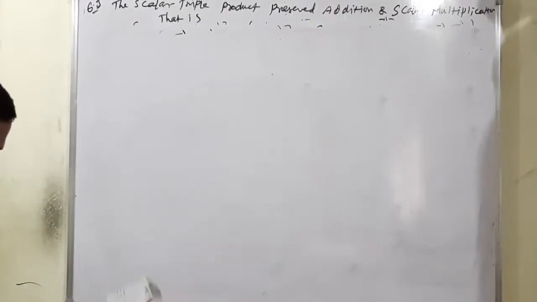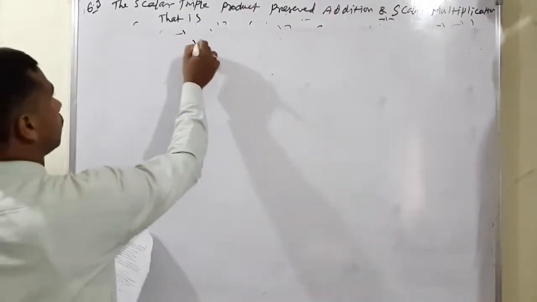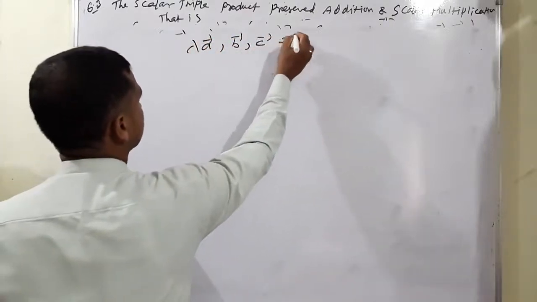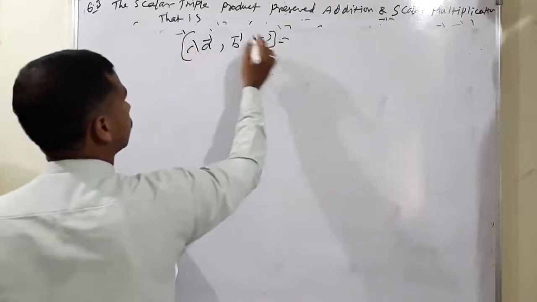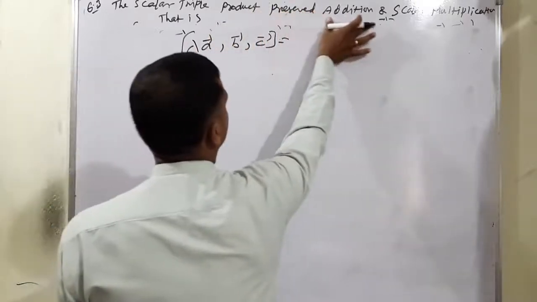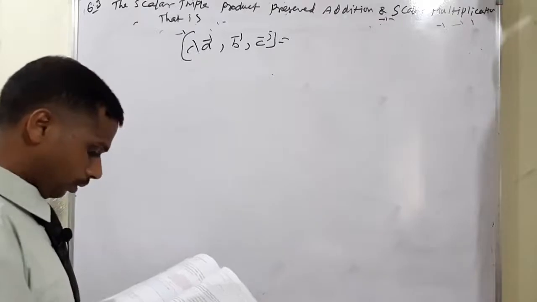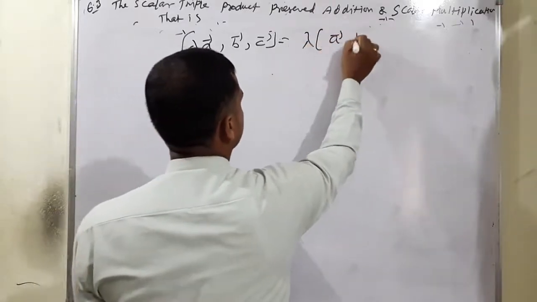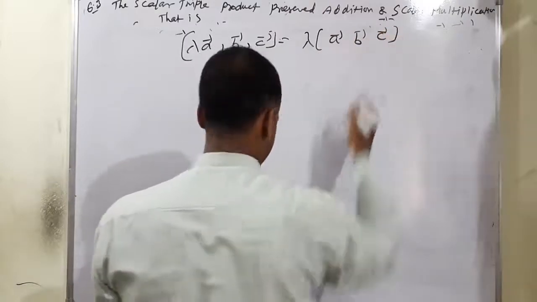Moving to the second one. Lambda A vector, comma B vector, comma C vector is equal to lambda outside, common term, inside A vector, B vector and C vector.